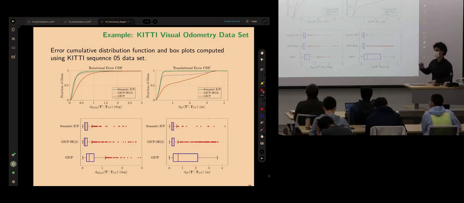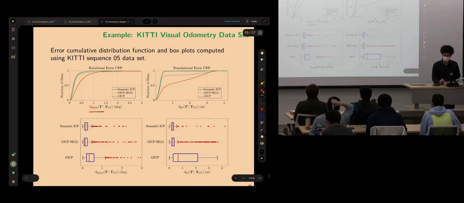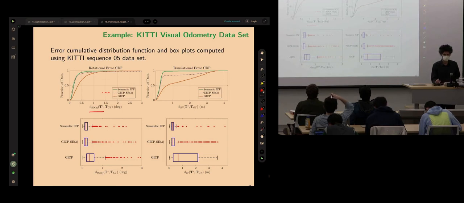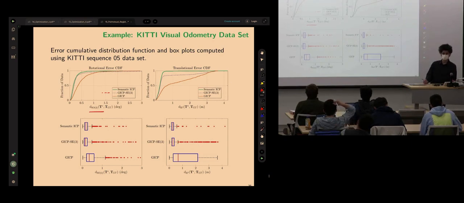Now the GICP, when you solve it on SE3, you can see for the rotation part is doing very well, this dashed line here. For the translation, not so much yet. The other GICP, the orange one, is from Point Cloud Library. It is using Euler angles. So with Euler angles, you get a performance that is much lower than solving on a Lie group.